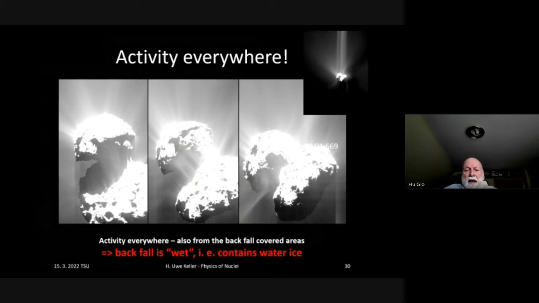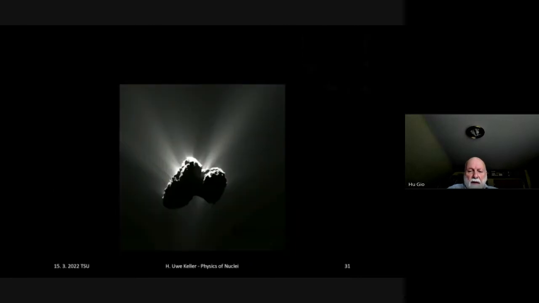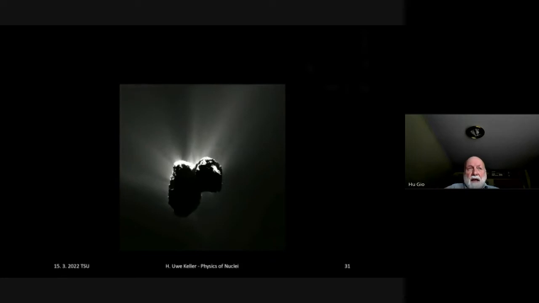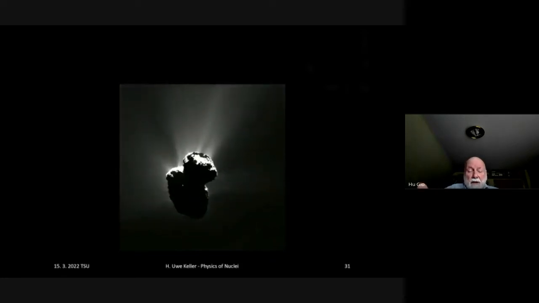The activity is everywhere. When the sun shines on the nucleus of 67P, the nucleus is active, whether it's covered by dust, or it's the more pristine side from the south. Whatever is illuminated by the sun shows activity. That means also the fallback dust material contains water.